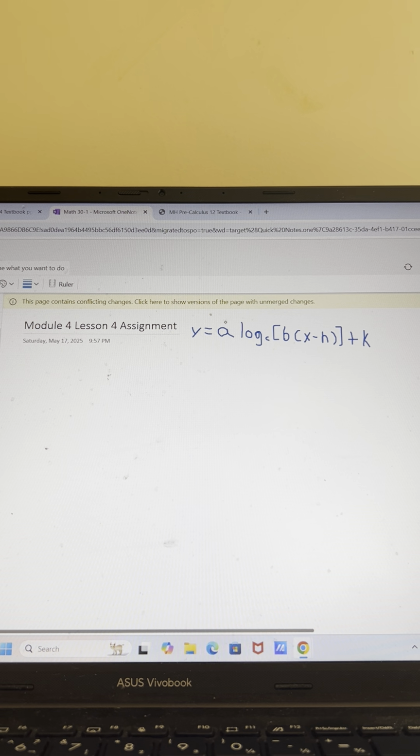And what the question is asking is describe the transformations that come from y equals log 3x and how it gets to a and b. So this is going to be a here.